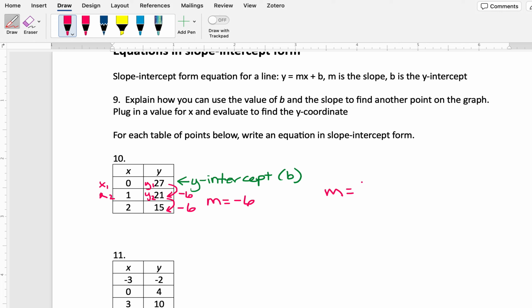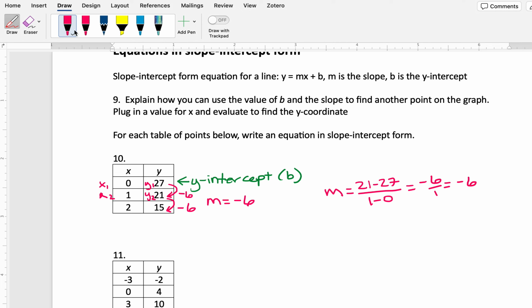We would have 21 minus 27 over 1 minus 0. So -6 over 1, which is -6. I could choose either of these 2 points for x1 and x2. I could use the bottom point instead. Any 2 points that I choose, I should end up with the same -6 for my slope.